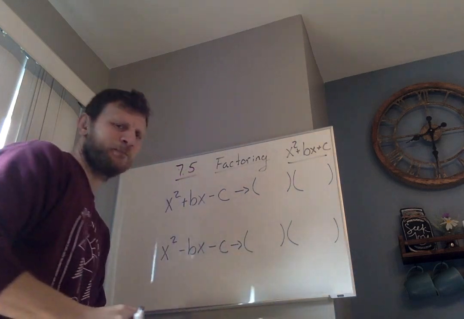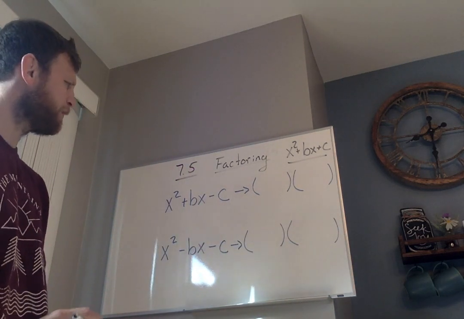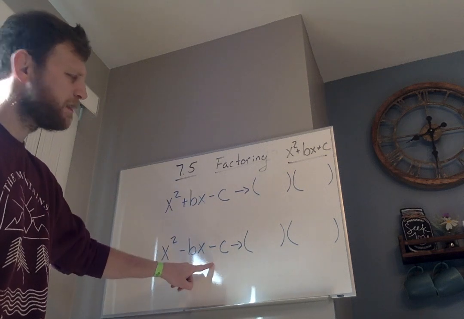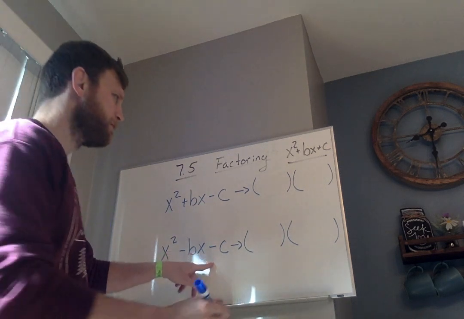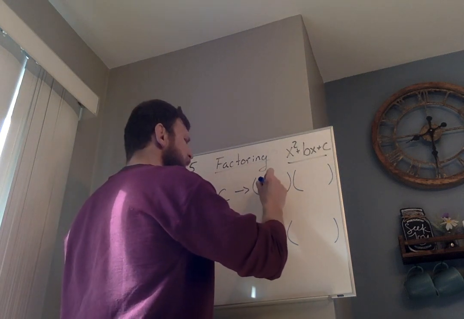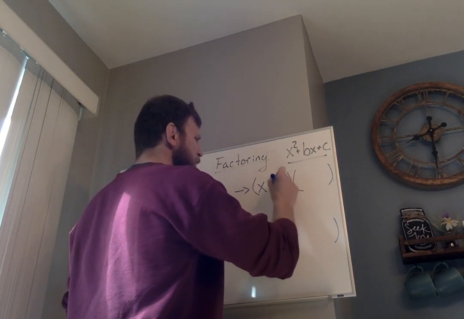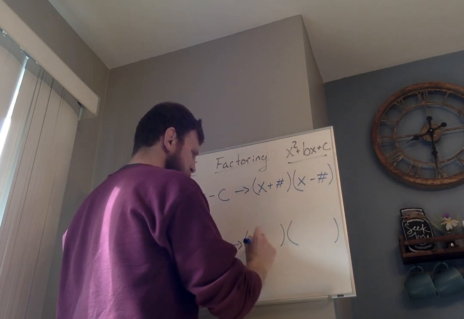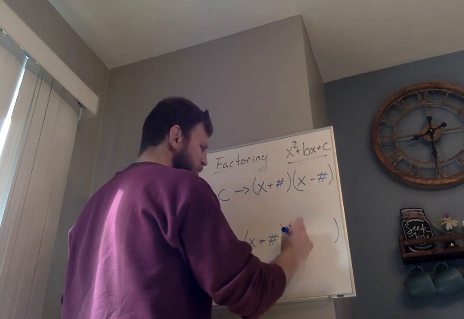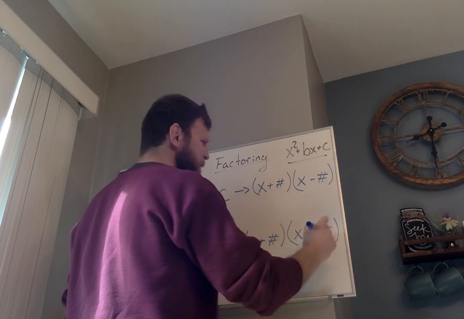Now, the reason why I do these together is because notice this last term is negative. Well, they actually factor to x plus a number and x minus a number for both. And I'll talk about why they're slightly different.